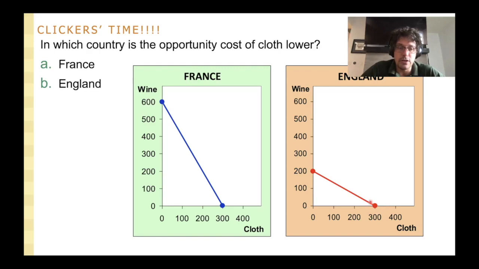So where is the opportunity cost of clothes lower? Well, it is lower in England. So the answer is number B. In France, you have to renounce 2 wine to produce one cloth, while in England, you have to renounce 0.6 wine. So England has a lower opportunity cost of producing clothes.